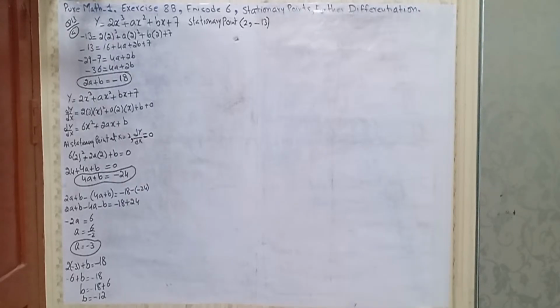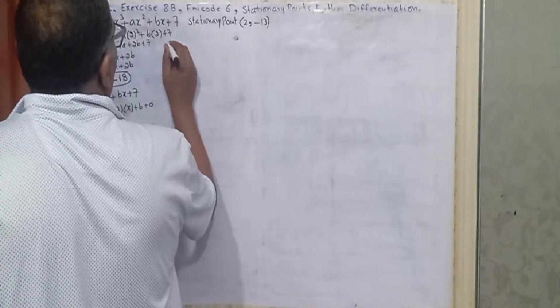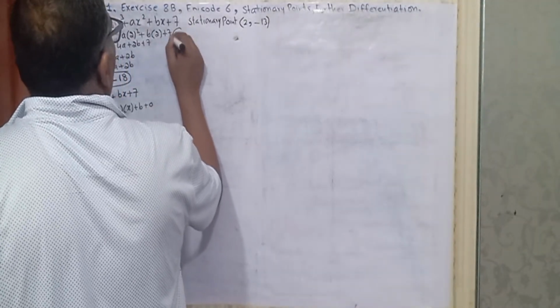Then he says find the coordinates of the second stationary point on the curve. So we have to find the second stationary point. This is the b part now.